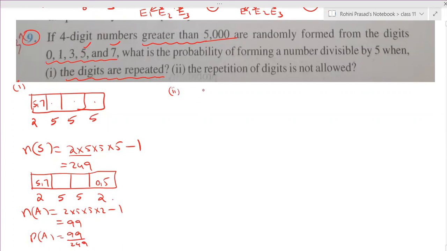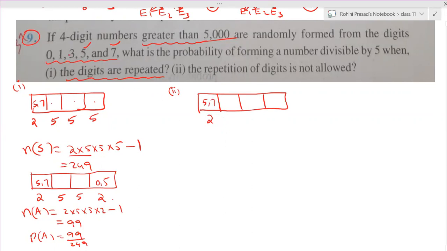Next, the second bit. The repetition of digits is not allowed. In case the repetition of digits is not allowed and it is a 4-digit number, what will that be? Repetition of digits is not allowed means it's again 5 or 7, 2 possibilities.